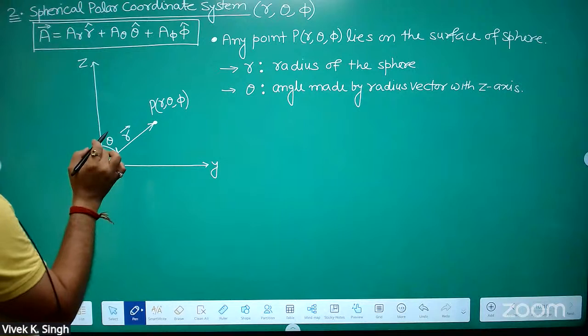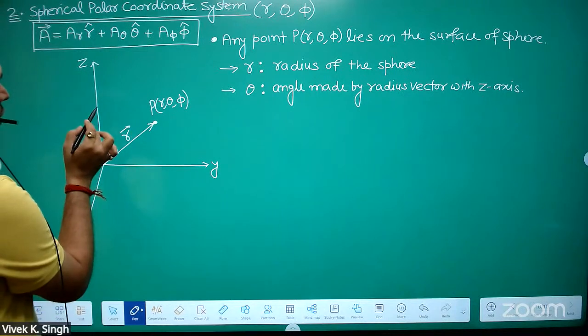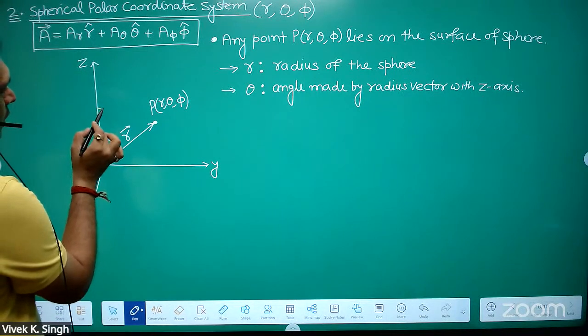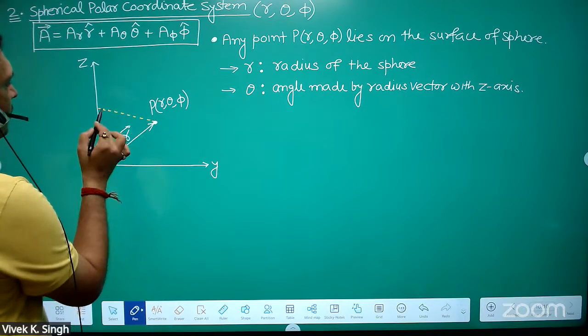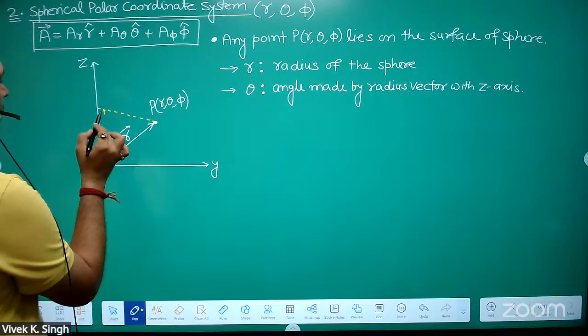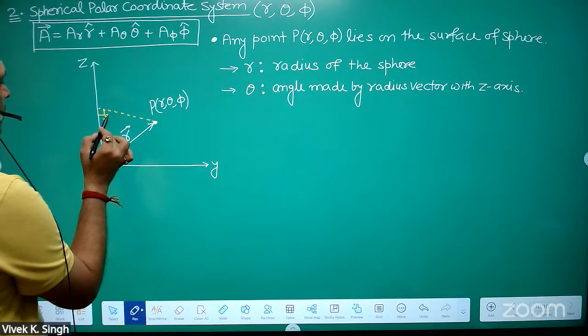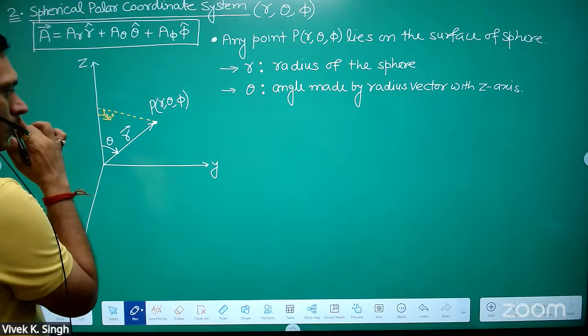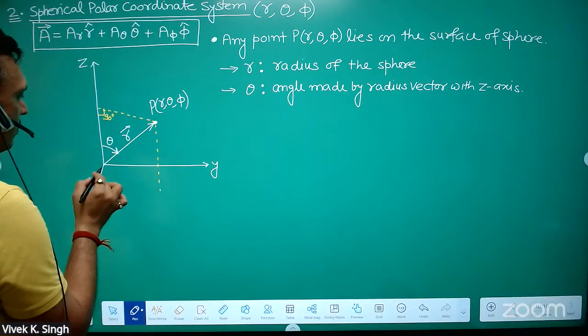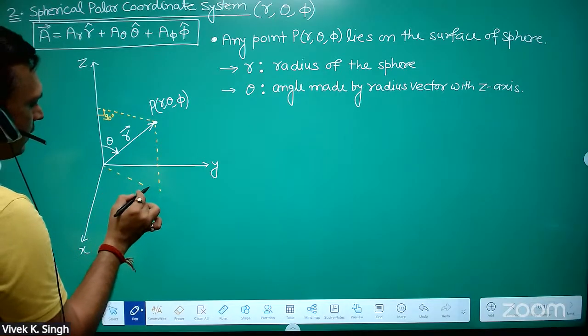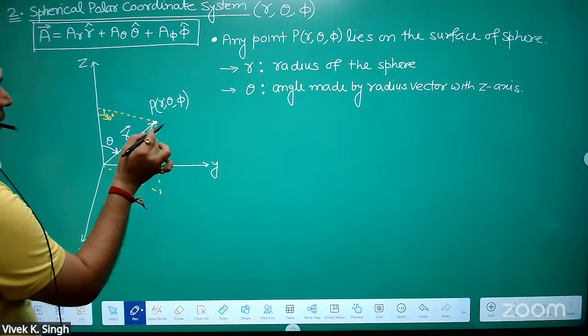Now see, let's draw a perpendicular from point P on the z axis. So this angle is 90 degrees, and you will get this plane. This line is parallel to this line.